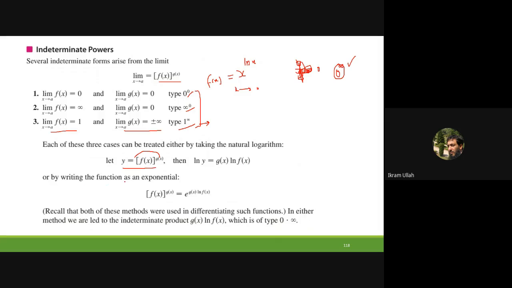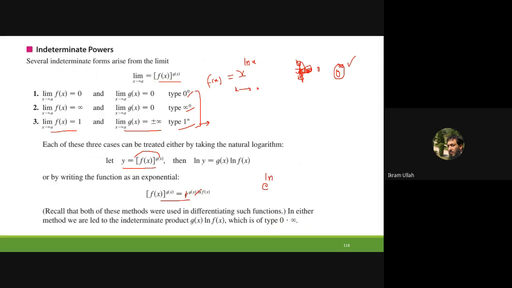Or by writing the function as an exponential. Another way to represent this is e to the power g of x ln of f of x, because ln and e cancel out each other.